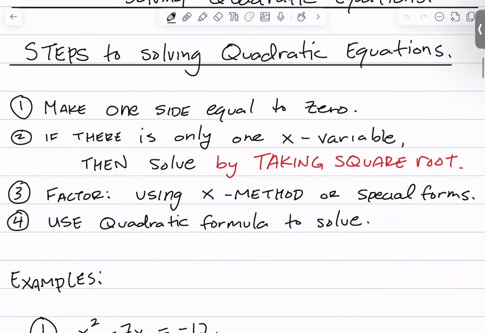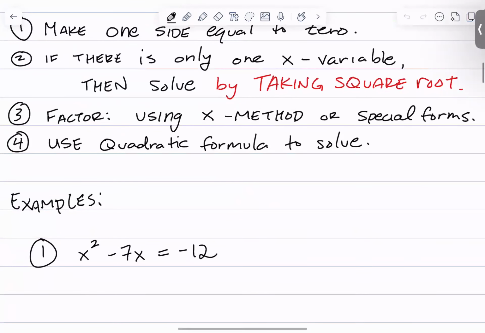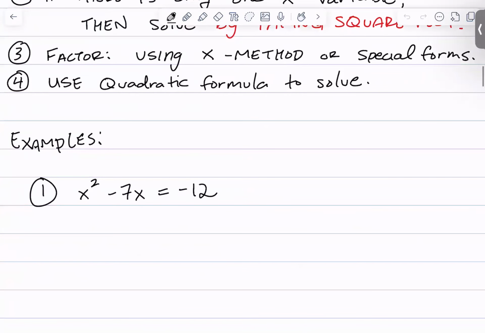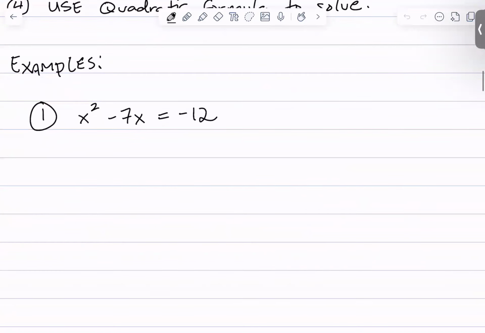All right. So we're going to go through 9 examples today, highlighting these steps. Okay. So example number 1, we have x squared minus 7x minus 12 equals negative 12. So the first step we're going to do here is make one side equal to 0 by adding 12 to both sides.